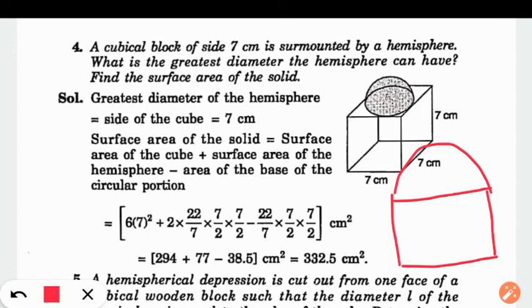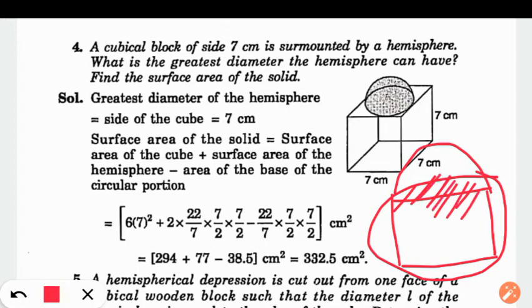So what will be the surface area of the solid then? First of all, we need to find the surface area of the cube, this full one. But let me tell you one thing. This portion should not be there. So when we are calculating the surface area of the cube, we have to exclude this portion, the circular portion of the hemisphere, because there is no material.